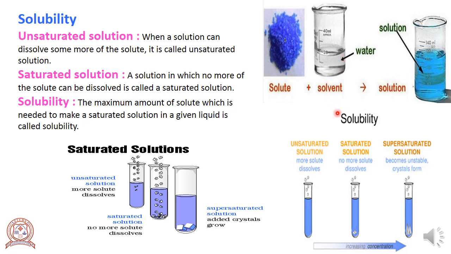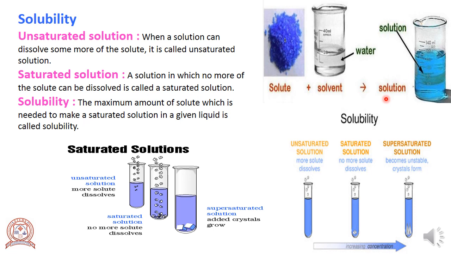The mixture of a solute and a solvent is called a solution. Solute plus solvent, we get solution. For example, salt plus water, we get salt solution. Substances may be soluble or insoluble in a liquid. Soluble substances are those that get dissolved in a liquid.